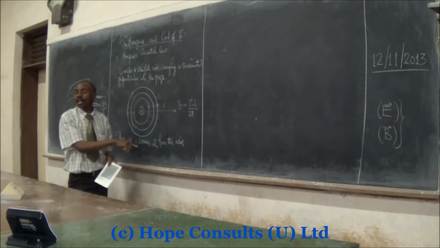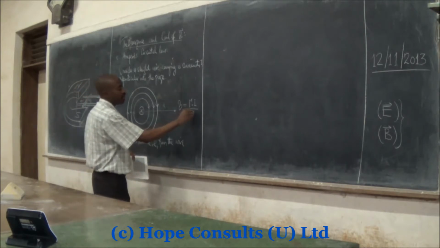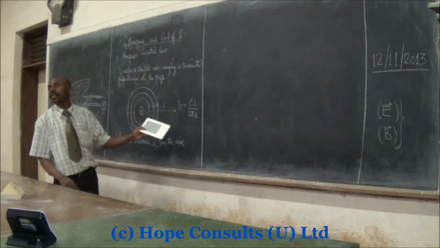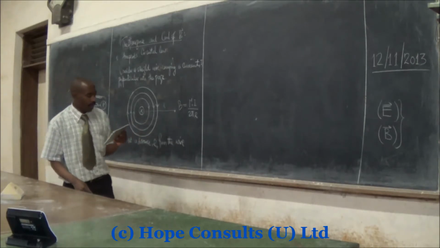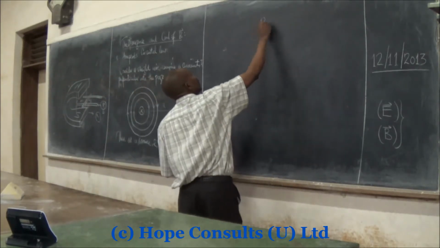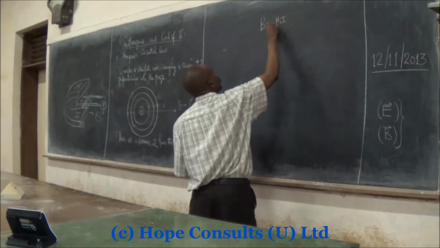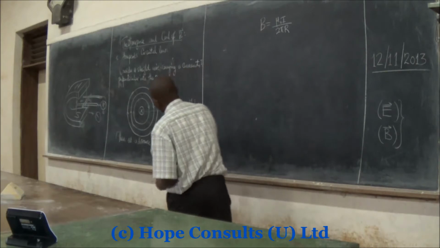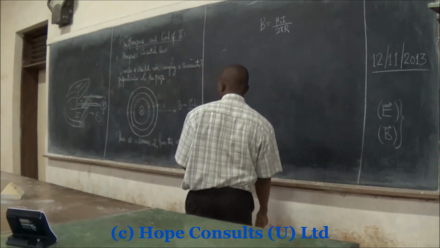This is the magnetic flux density felt at this point. So B is equal to mu naught I over 2 pi R for a point distance R from the wire.